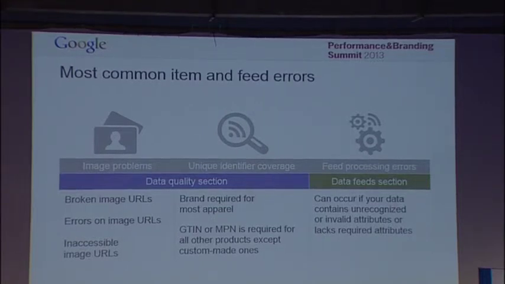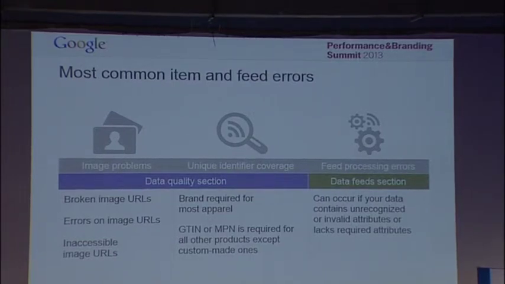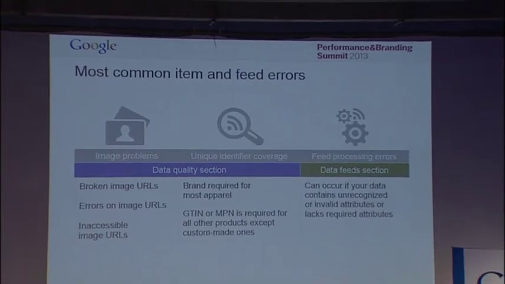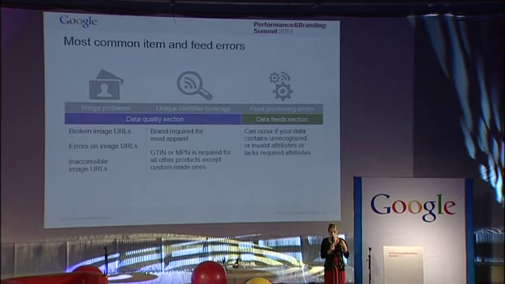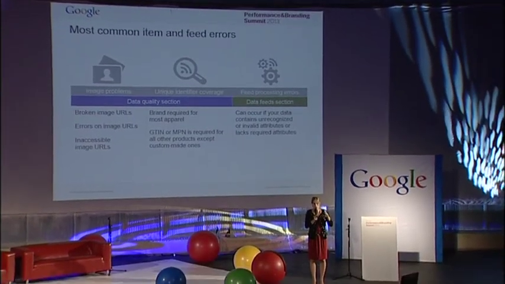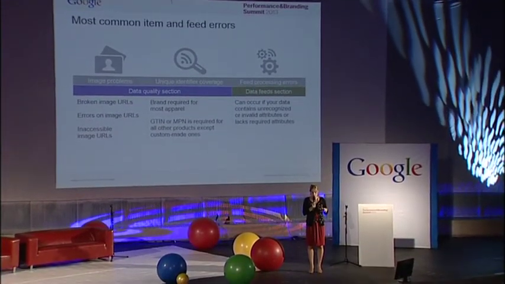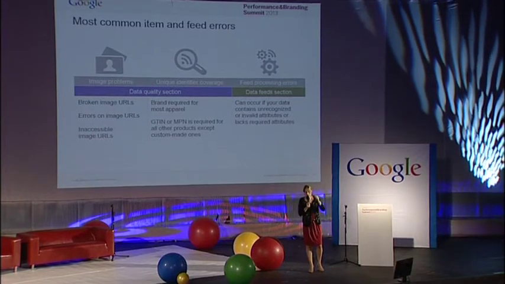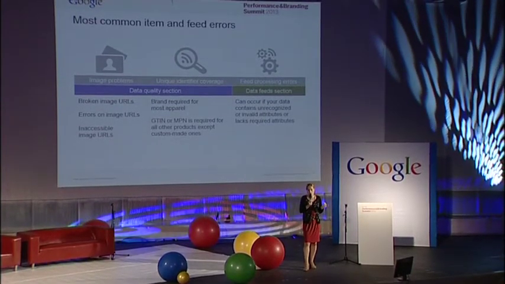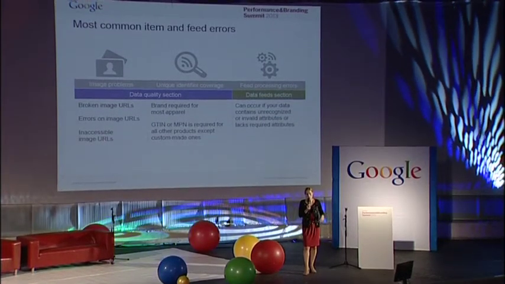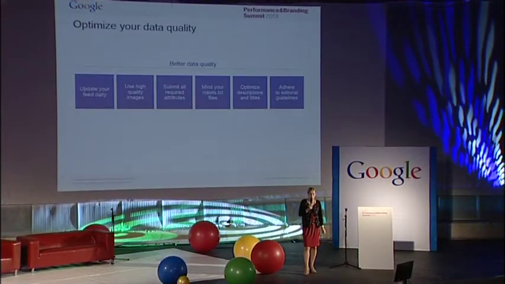For example, MPN, that has to be a code, that's numbers. And it's not something you can decide on, it's given by the manufacturer. So you need to accurately put the information. And the other section is data feeds, and that's where you can see if there's any issue with the upload. In that case, you need to re-upload your feed.